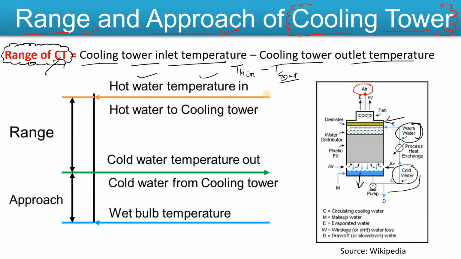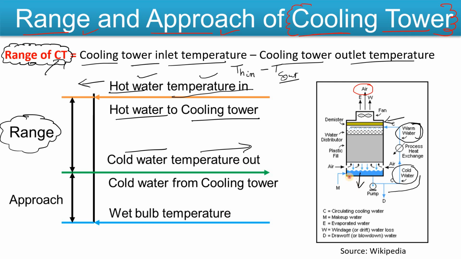I hope you are getting my point. So that's why I have written the range here. This is your range. Hot water temperature in means the hot water to the cooling tower, minus cold water temperature out means this one.